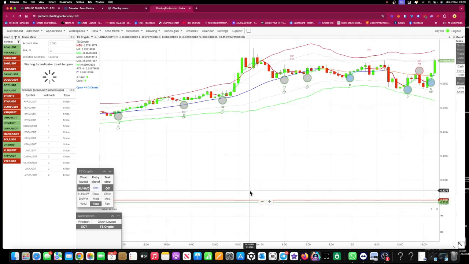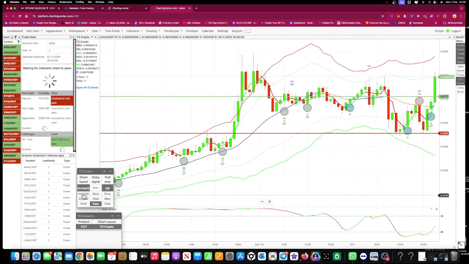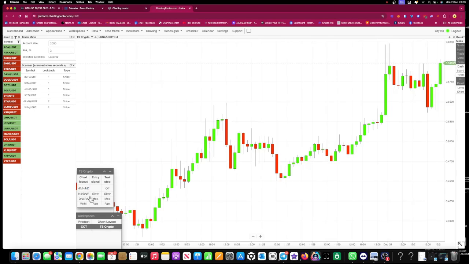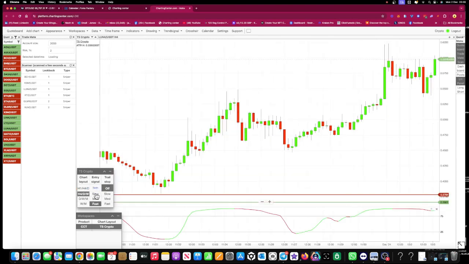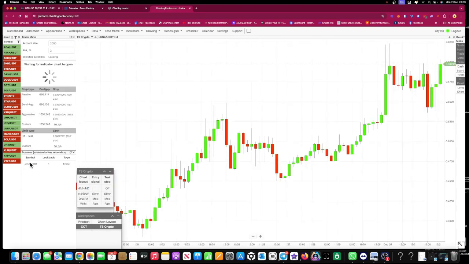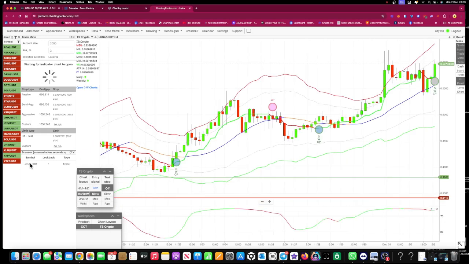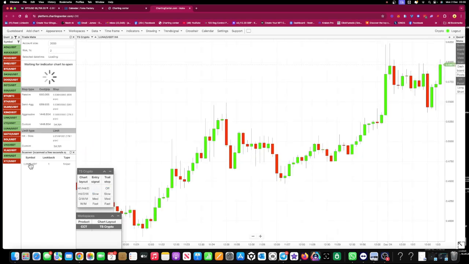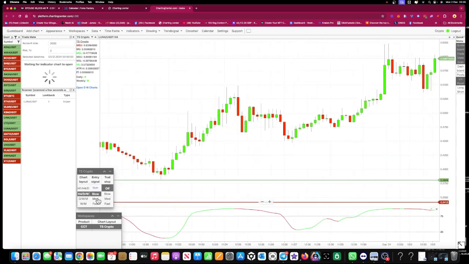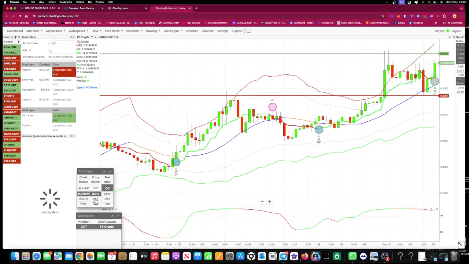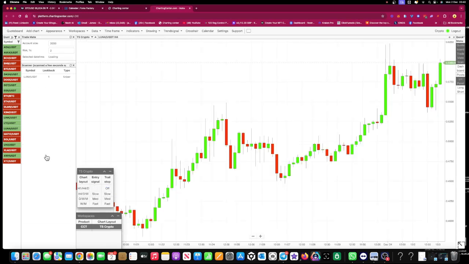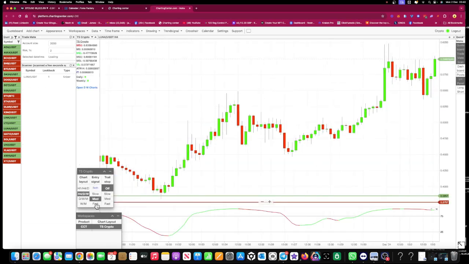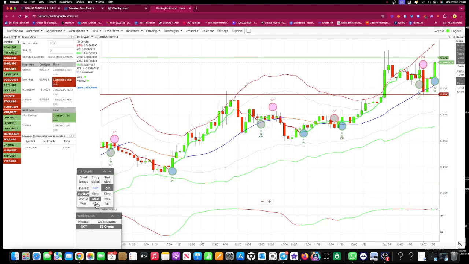Luna, big move too. Right, quick look at the 4-hour chart on slow. Okay, Luna. Okay, Luna again.